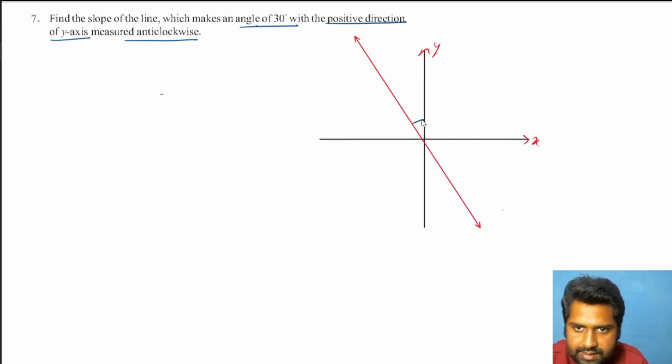Now this angle he is saying 30 degrees. Once we can figure out the orientation of the line, okay, he has not stated the line is passing through the origin, but I have considered it because it won't make any difference. Now we know in order to get slope from angle we need tan theta, but the problem is theta is always measured with respect to the positive x-axis. So what is this angle?